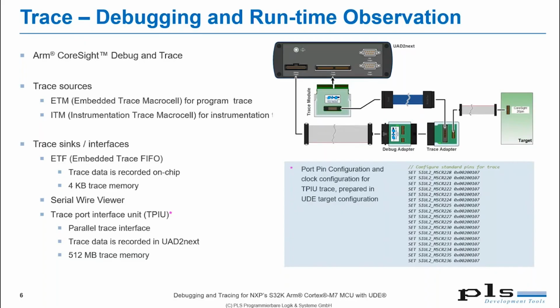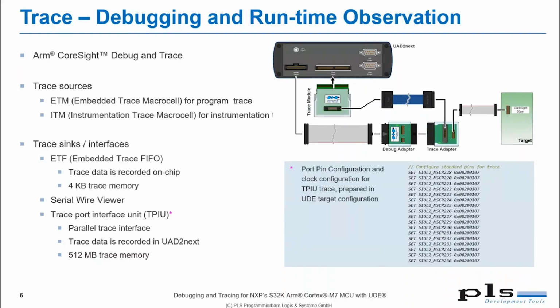With the external trace option, for example, using our UAD2 Next, you get much longer traces. So in the UAD2 Next, we have, for example, 512 megabyte trace memory, and that is quite enough for most use cases.